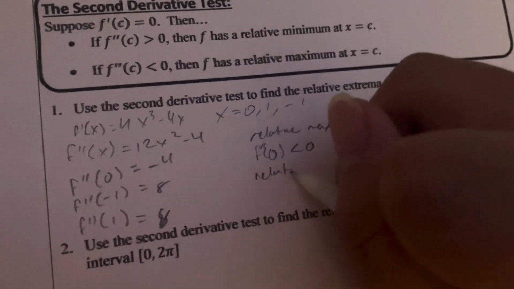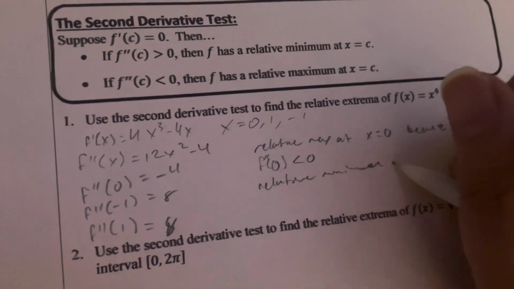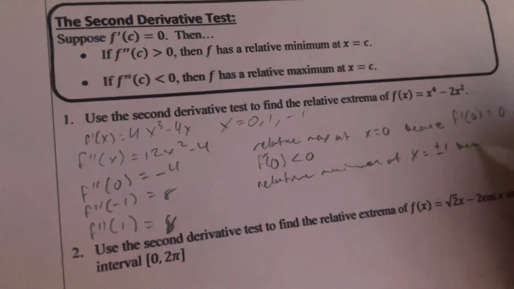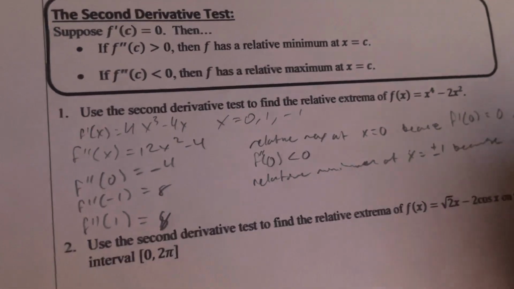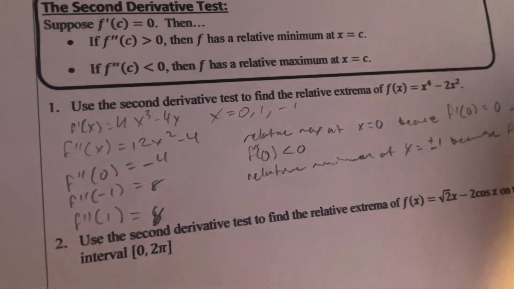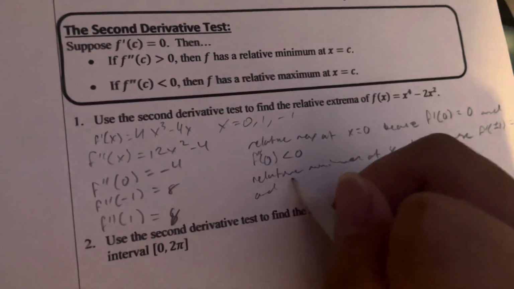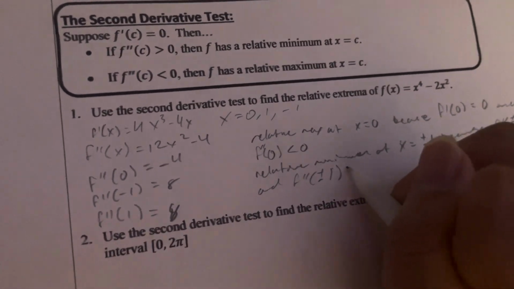And we have a relative minimum at x equals positive and negative 1 because f prime of positive and negative 1 equals 0 and f double prime of positive and negative 1 is greater than 0.